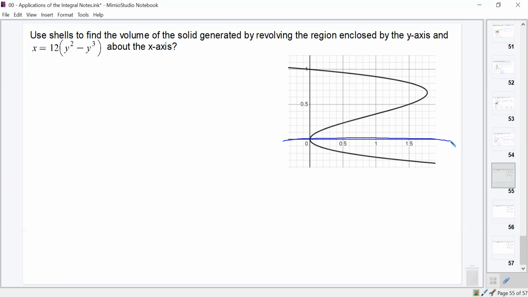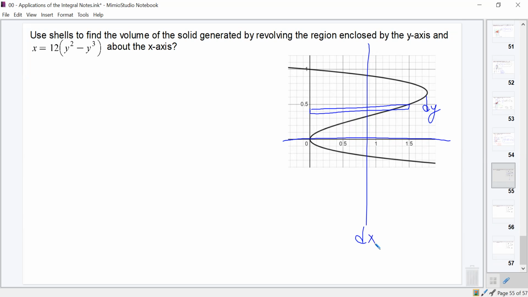If we're going to revolve this region around the x-axis, we'd sketch a rectangle that's parallel to the axis we're revolving around, which puts this in terms of y, right? That's got a thickness of dy. And we would note that if we tried to revolve this around the x-axis and slice it vertically, we would do it in terms of x.